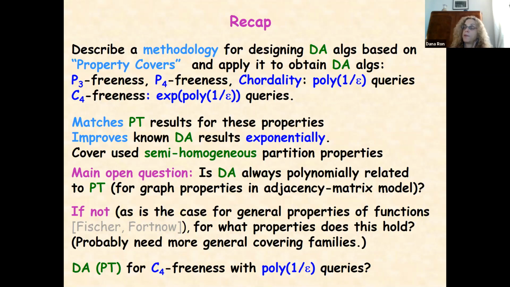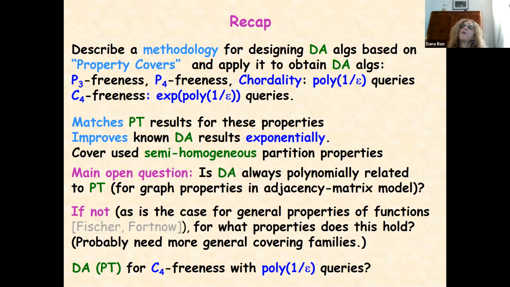So then you're right. One model is the bounded degree one. You say, okay, everybody has degree at most D, and you can look at your D neighbors. And then there's a general one, the one that encompasses everything, which is the following: you have a bound on the number of edges, M. It's not bounded degree, but the sparsity depends on M. So let's say it's sparse, but some vertices may have very high degree.